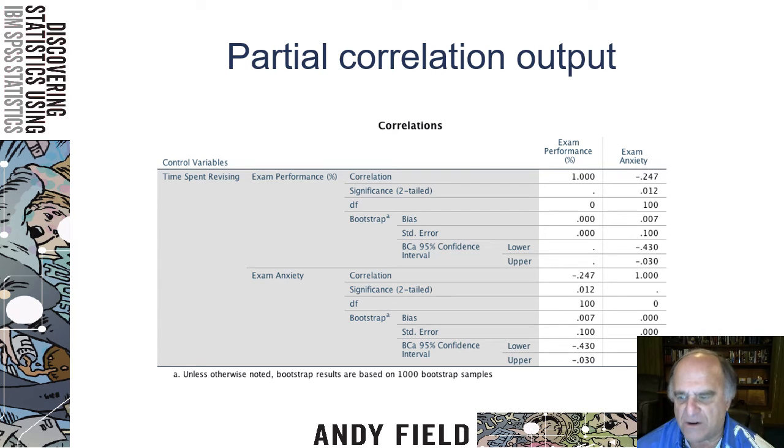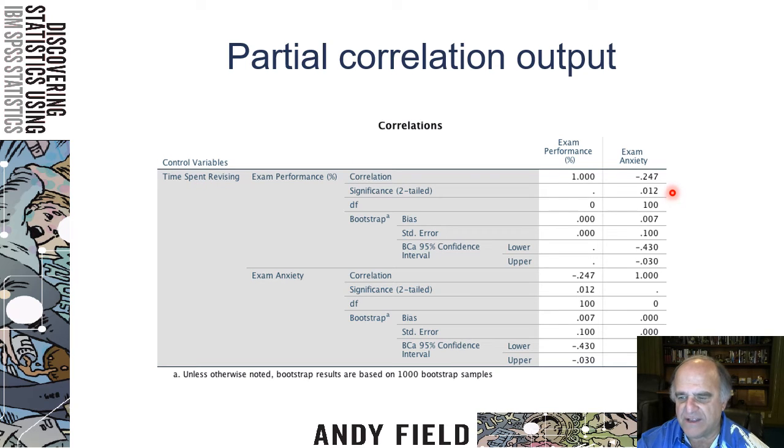And again, this is a partial correlation. So we're controlling for time spent revising in both variables. So after we control for the effect of time spent revising on both exam performance and exam anxiety, we can see the new correlations. The correlation between exam anxiety and exam performance is now a negative 2.47 after we control for time spent revising.